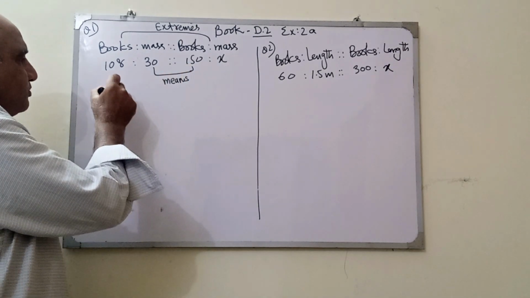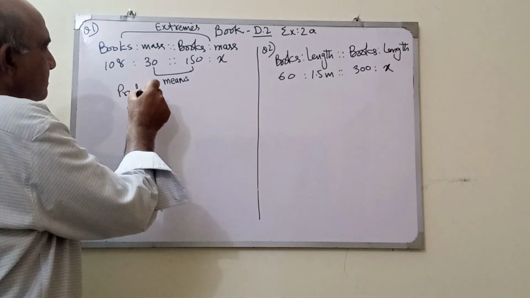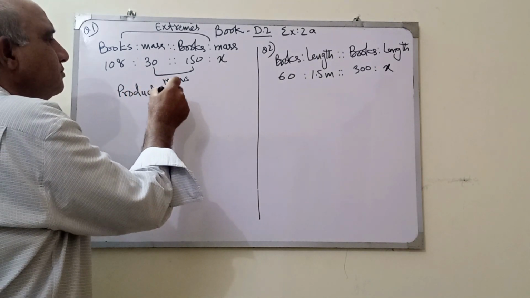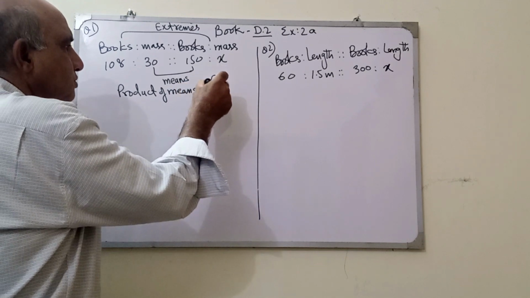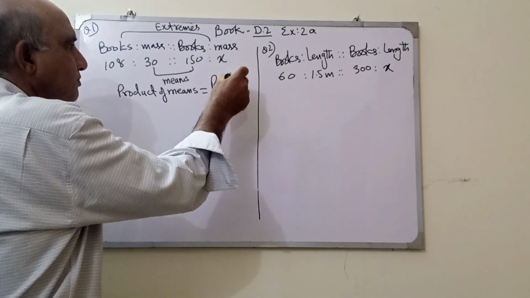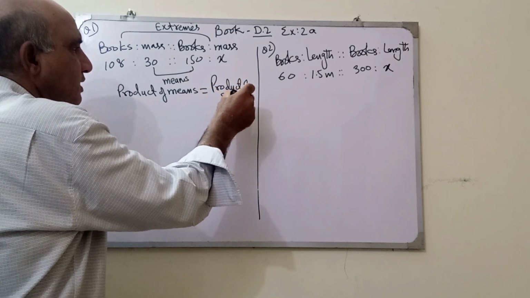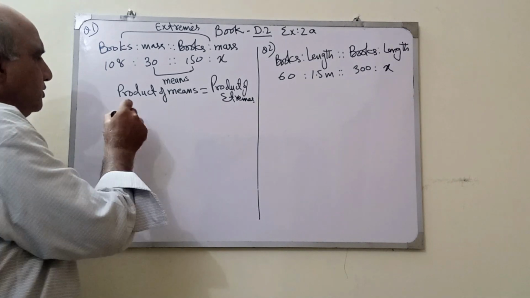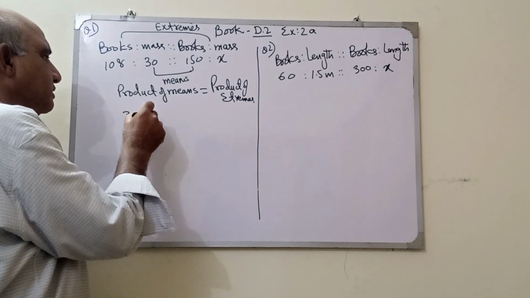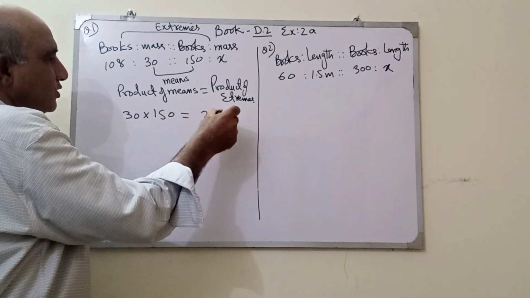So the formula is: product of means is equal to product of extremes, right?